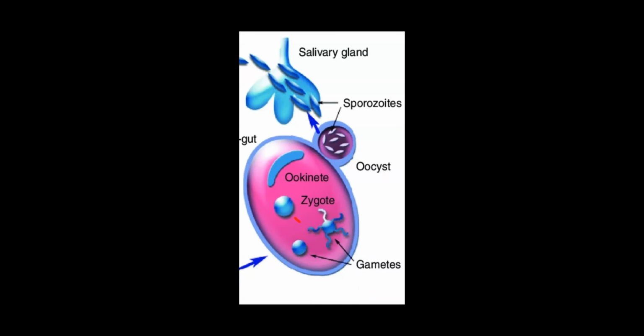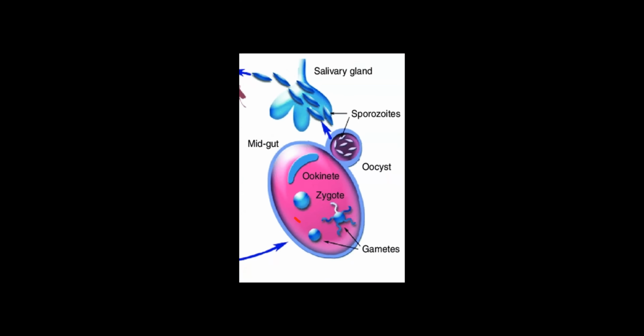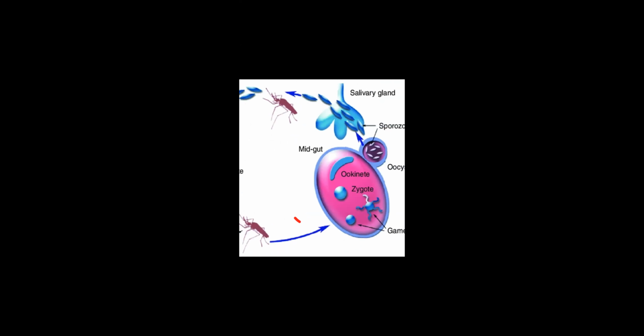There it develops the cyst, and inside the cyst, the ookinete will transform itself into sporozoites. And when the sporozoites are liberated over here, they reach the salivary glands. That is how this cycle is accomplished.